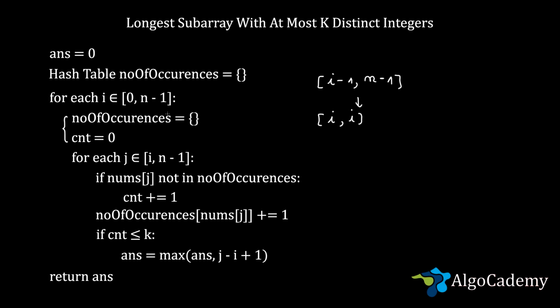And one more thing that is worth mentioning is that this might look like a constant operation, right? I'm just declaring a hash table which is empty, but that's not correct. What we are doing here is that we are actually clearing the hash table. In the previous iteration of this for loop, on the last stage, I basically had the subarray I minus 1 and n minus 1, and all the values inside this subarray were inserted into my hash table, right?